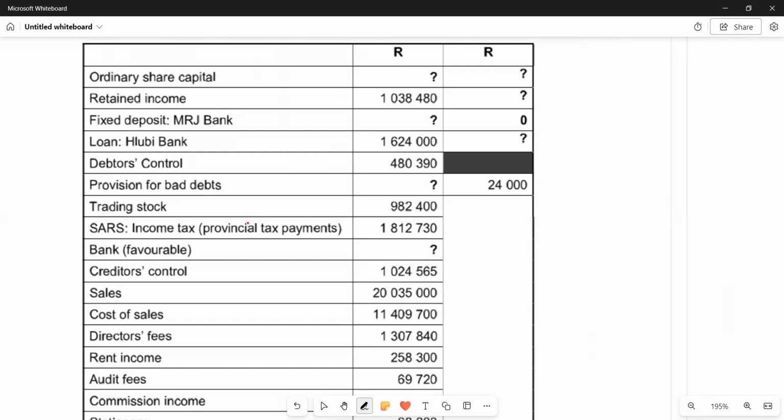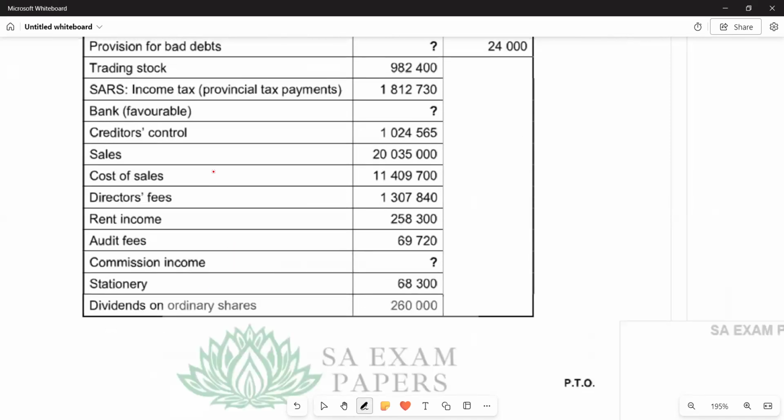You go down, checking. So you see that we have our commission income, which is here. Before commission income, we also have rent income. These two incomes are the ones that we have at the moment. So we can start with rent income and try to calculate it, which is 258,300.